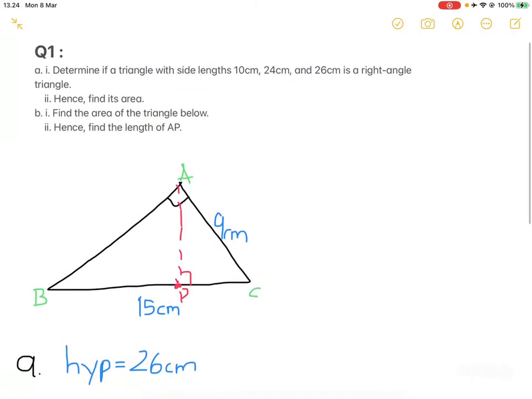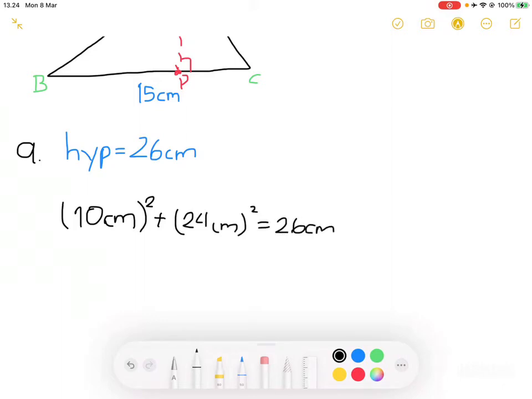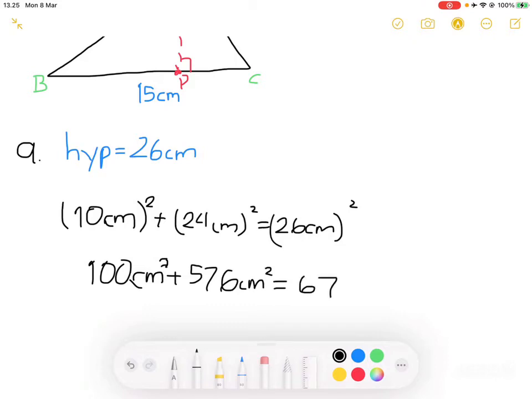Using our formula for the Pythagorean theorem, A squared, which I'm just going to take as 10 centimeters squared, plus B squared, which is 24 centimeters squared, must be equal to 26 centimeters squared. 10 centimeters squared is 100 centimeters squared, and 24 centimeters squared is 576 centimeters squared, which should equal 26 squared, which is 676 centimeters squared.